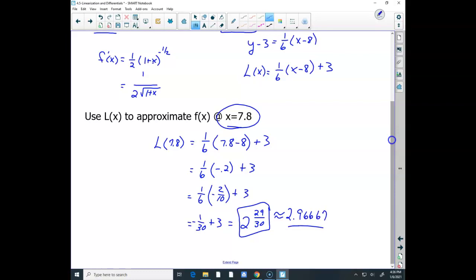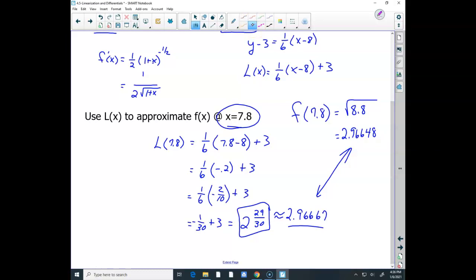So I can approximate it. Well, what is f of 7.8? That's actually the square root of 8.8, isn't it? And the actual square root of 8.8 is 2.96648. Well, check it out. Those are really super close, aren't they?